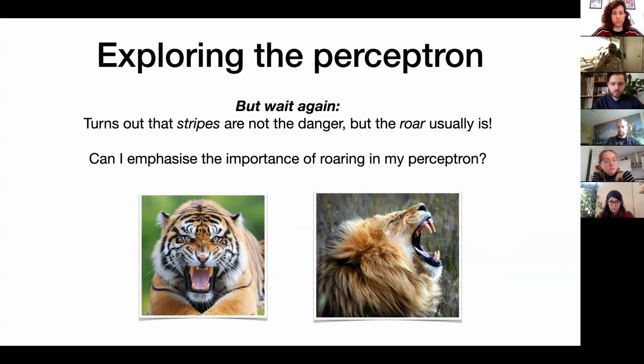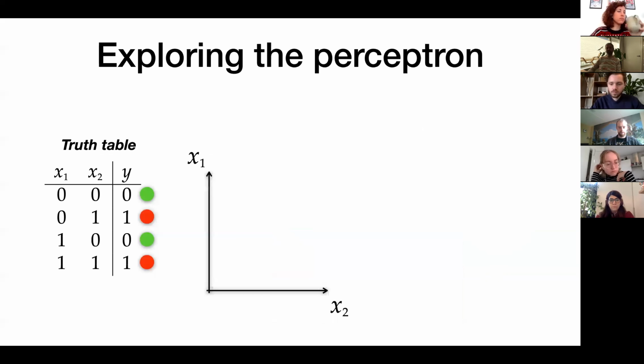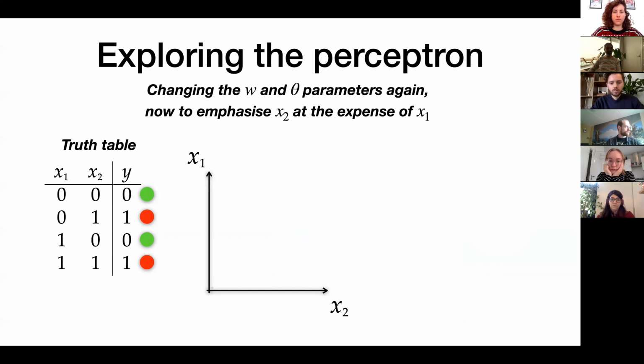So how can I emphasize roaring in this perceptron, right? What I want to do is make sure that I only respond when there's roaring, and I stop caring so much about the stripes of the tiger, the putative tiger. So again, what I'm going to do is change the W and theta parameters. So that's the W vector, now to emphasize x2 at the expense of x1.